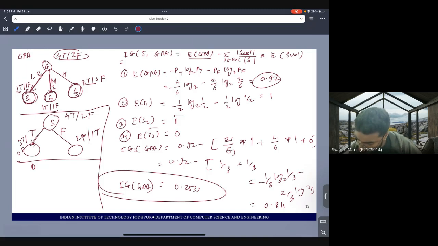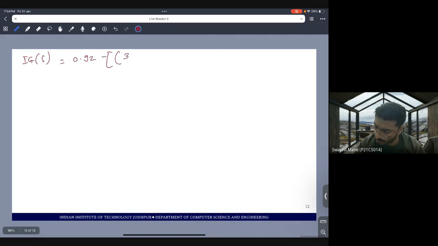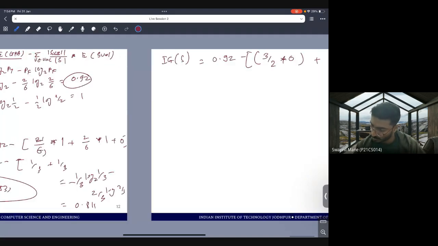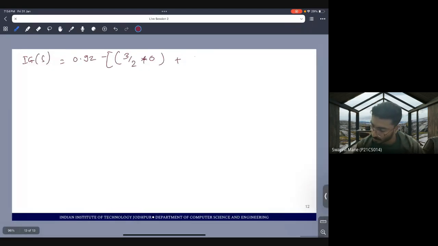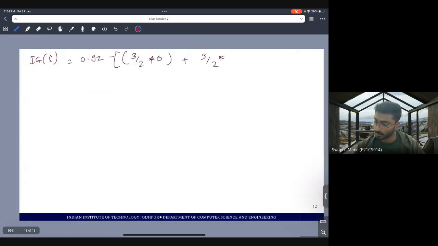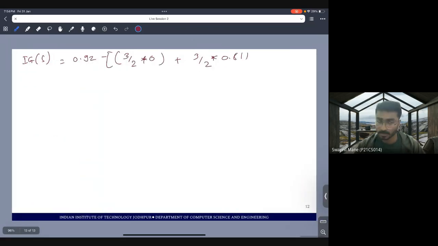It is 3 out of 6. 3 divided by 6 times 0, that is already 0, plus 3 divided by 6 times 0.811.